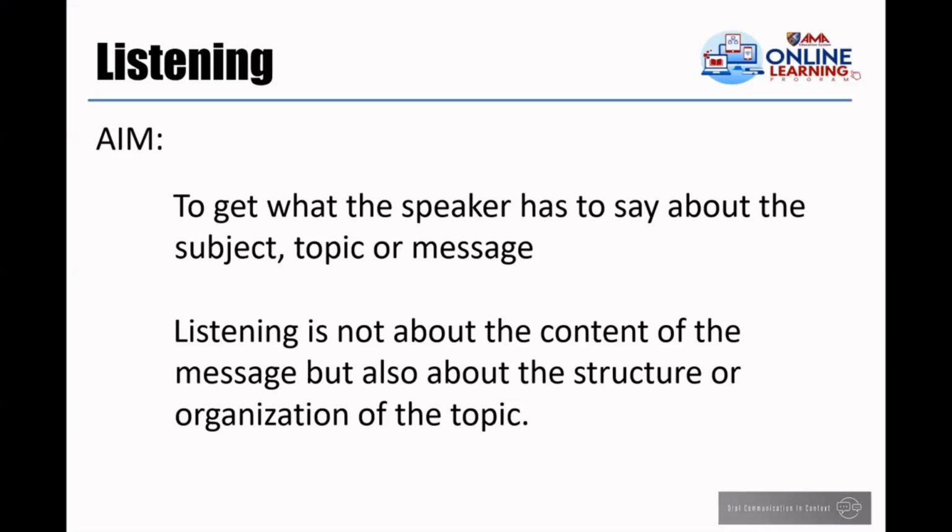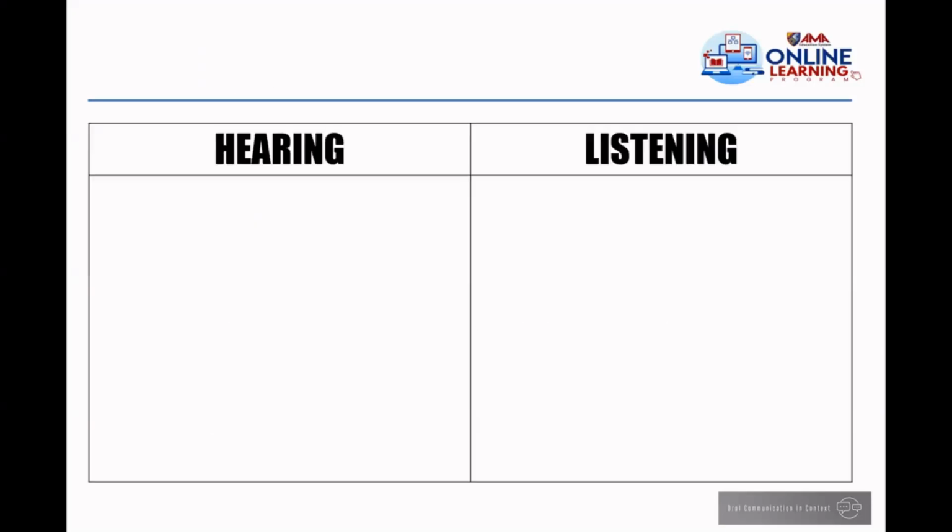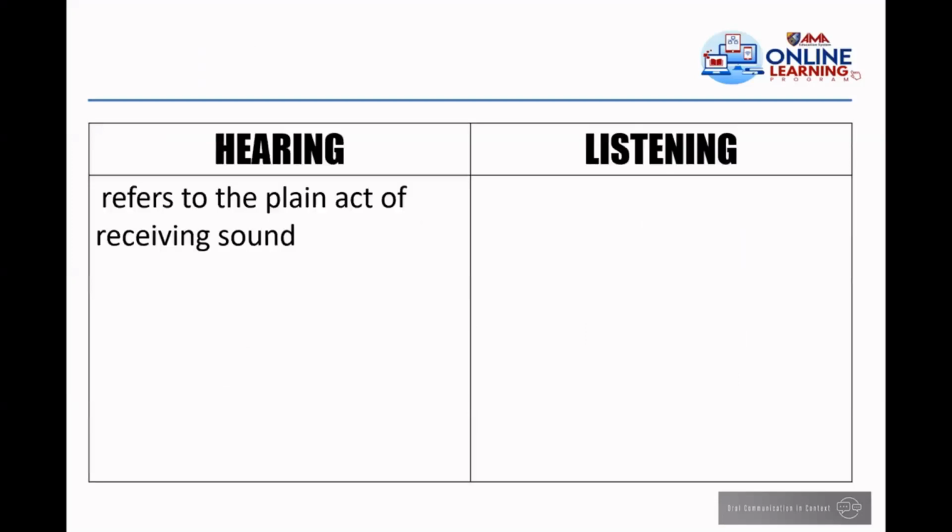So there are differences with regards to hearing and listening. Hearing refers to the plain act of receiving sound. If we say plain, the normal or the common act of receiving sounds.